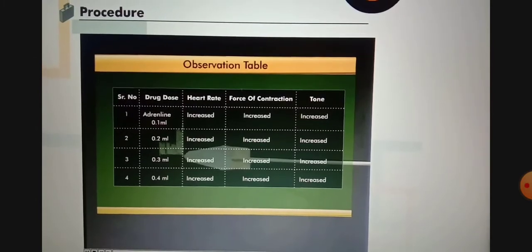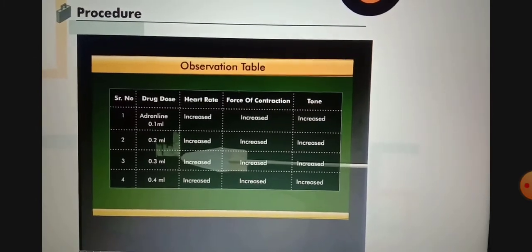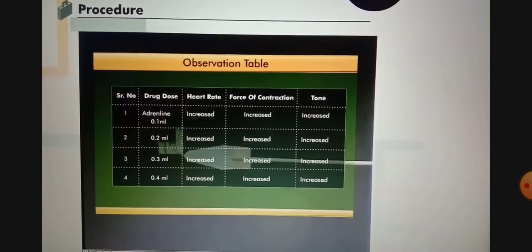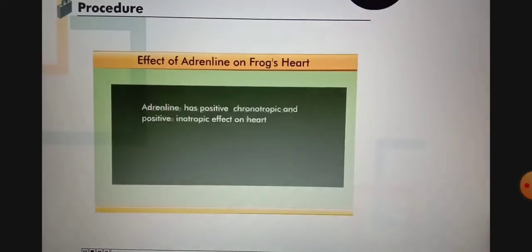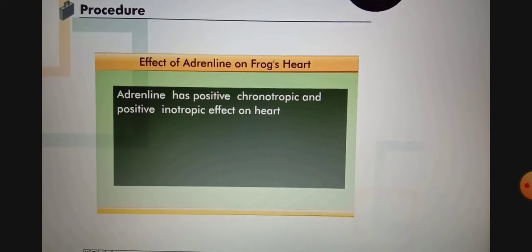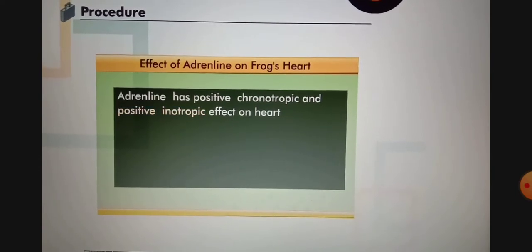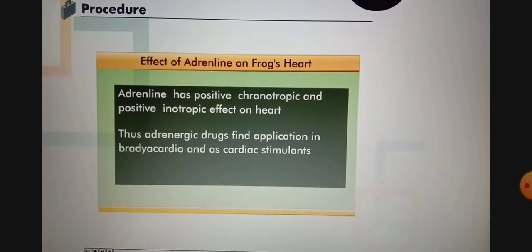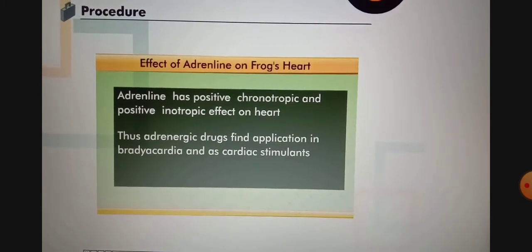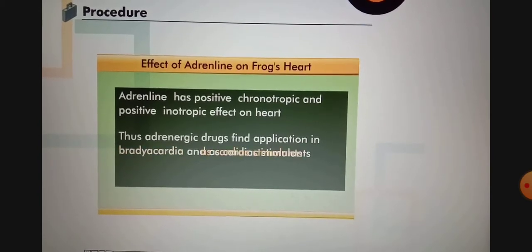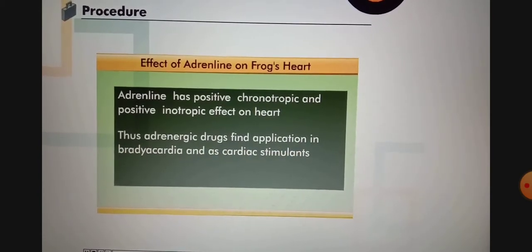Allow a time gap of 5 minutes between two successive doses to wear off the effect of earlier dose. From these observations, we can say that adrenaline has positive chronotropic and positive inotropic effect on heart. Thus, adrenergic drugs find application in bradycardia and as cardiac stimulants.